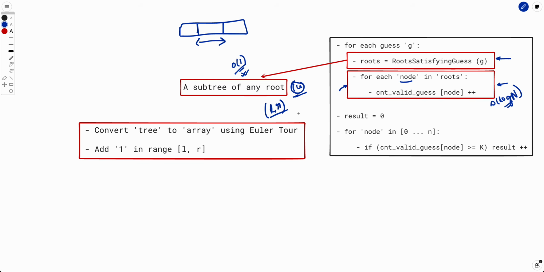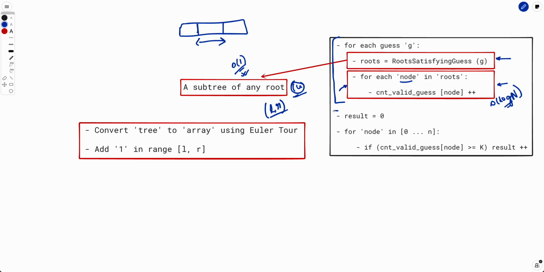You can use a segment tree or any of the range query data structures that you know about to add one to a range, right? So after this, the complexity of this part would be log n, and this entire thing would now become g log n, which would pass the time complexity. There is no issue with that, right?